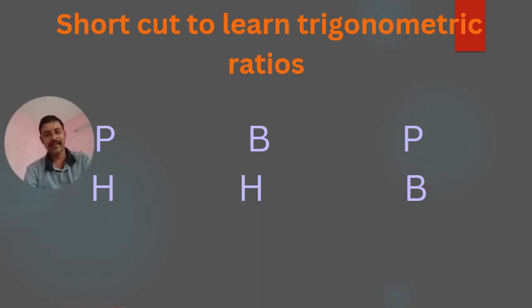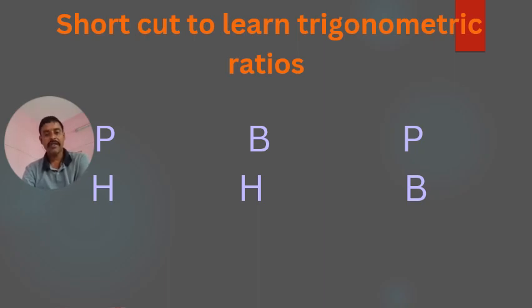Funny, isn't it? What interesting it is. Pandit Badri Prasad Har Har Bol. Where P stands for Pandit or perpendicular, B stands for Badri, Badri means base, and P stands for Prasad or perpendicular, H stands for Har, Har means hypotenuse, again H, hypotenuse Har, and B for Bol means base.